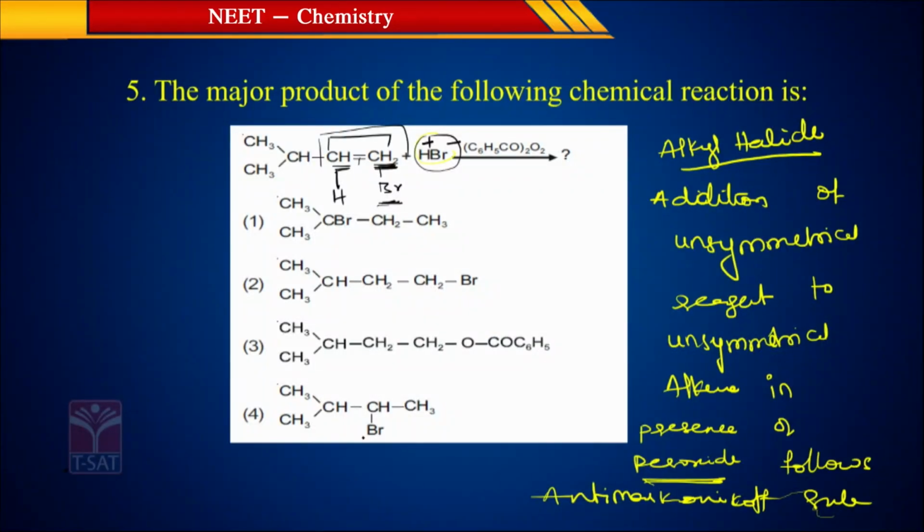See the options here, which of these is the correct one? It can be option 2. In option 2, Br is added on the first carbon and H on the second carbon. That is correct, because the negative part Br is added to the carbon having more hydrogens. This is a very important question you will get regularly, and Markovnikov and anti-Markovnikov are very important.